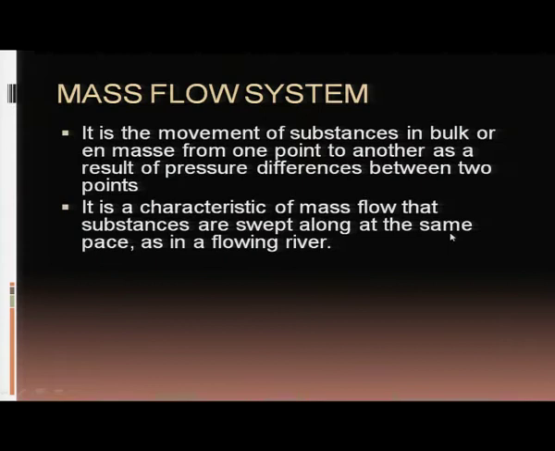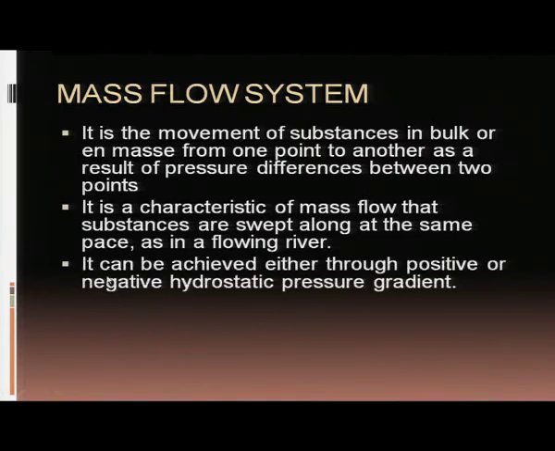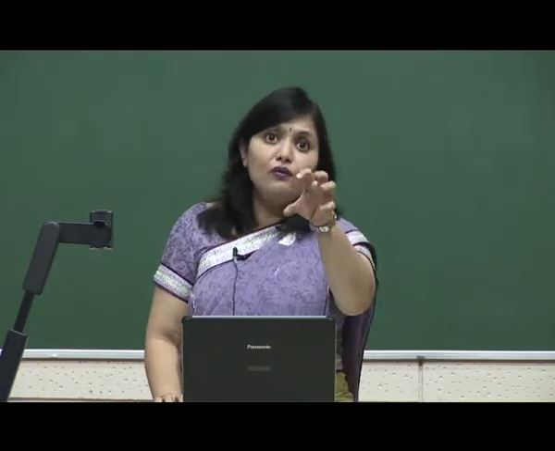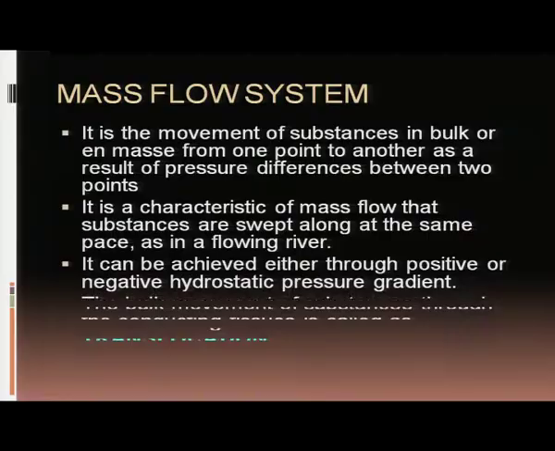But here in mass flow, we see that all the substances are swept along at the same pace. It can be achieved either through a positive or negative hydrostatic pressure gradient. Positive pressure gradient means pumping things from one place to another, and negative hydrostatic pressure means sucking things from one place to another.